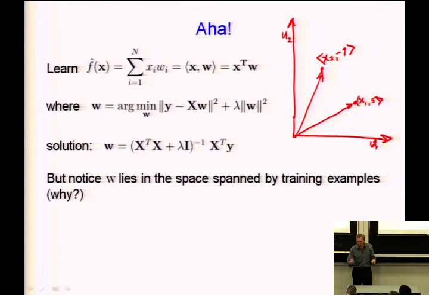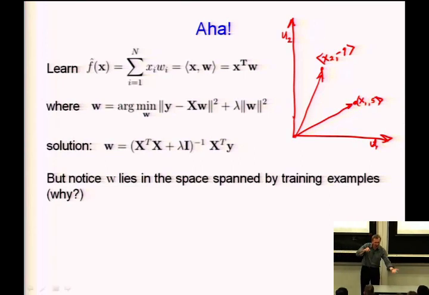We had u1, u2, and u3, but the data points happen to just live in a plane within that 3-dimensional space. Right? In that case, we could consider the possibility that w is not in the same plane, that is, the subspace occupied by the training points.